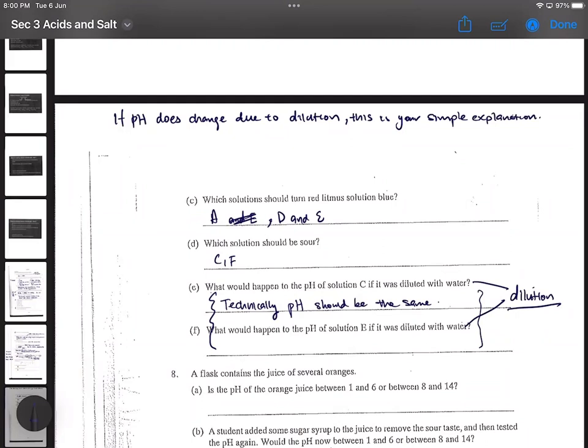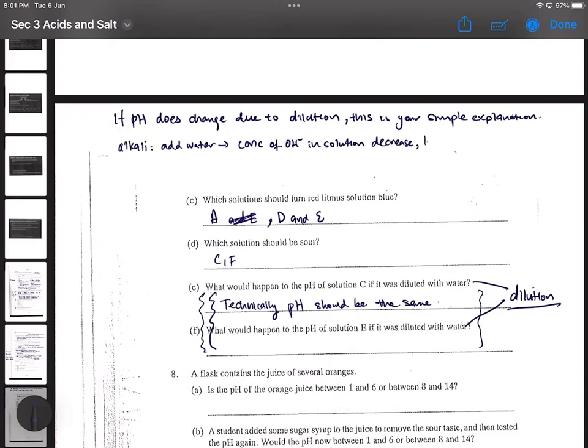Okay, so what is the simple explanation that we can give for dilution causing changes in pH? Remember, we always say dilution shouldn't do anything much at O levels. But in the event that your teacher says there is a change, and asks you to explain why the change occurs, like what Ada mentioned just now, there is a change in the concentration. So let's talk about the alkaline. When you add water, the concentration of the OH minus ions in the solution will decrease.